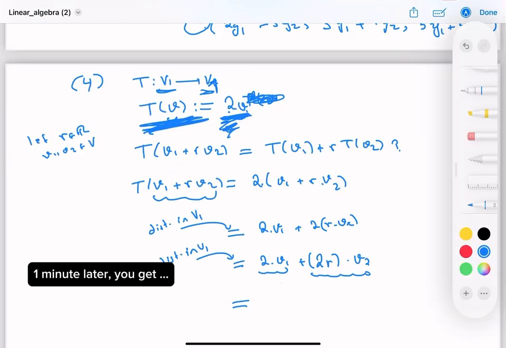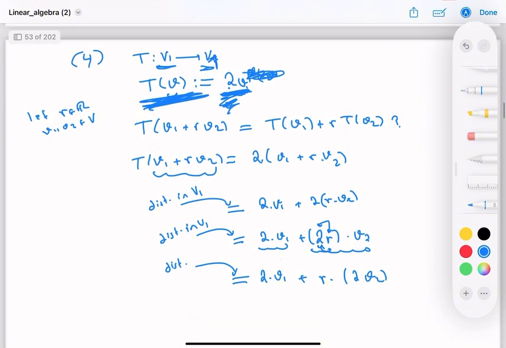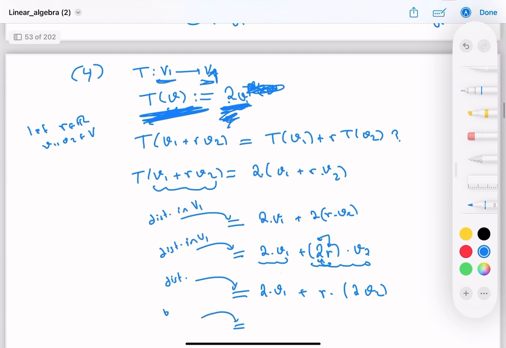Since real numbers are commutative over multiplication, you can swap these two and rewrite the term as 2v1 plus r times 2v2. So in this case, we used distributivity again, and we used the fact that we can swap these two numbers. And thus, this whole thing is gonna be, now by definition, look at the definition here.